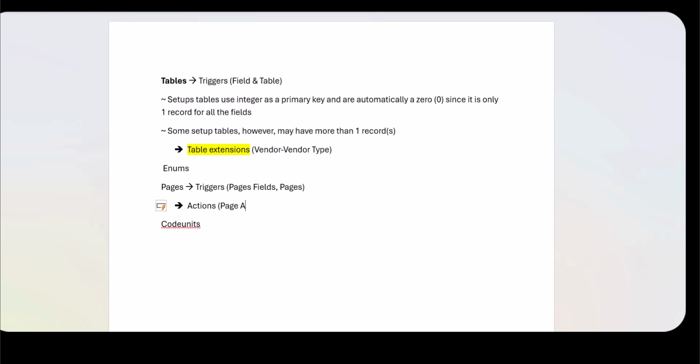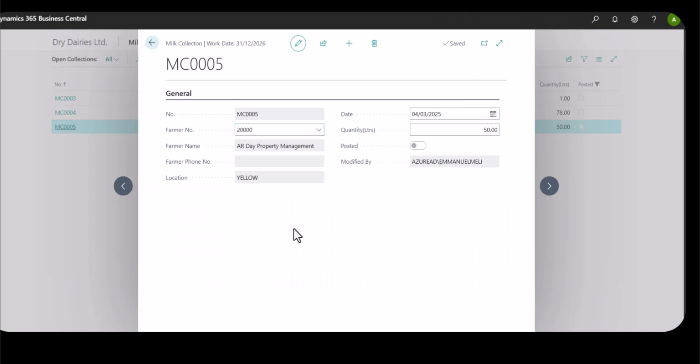Page actions are like messengers that you send, that you give instruction to do something for you. I want us to make one messenger to mark a document as posted, even though it's not posted. So in this card, actions normally come up here, before the general part.